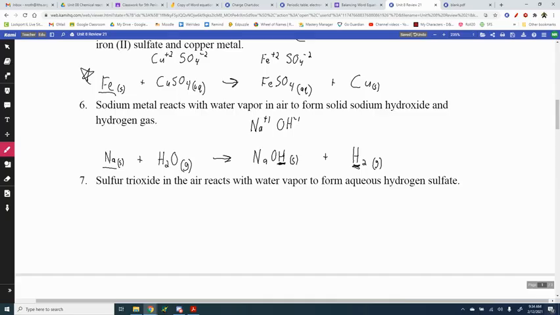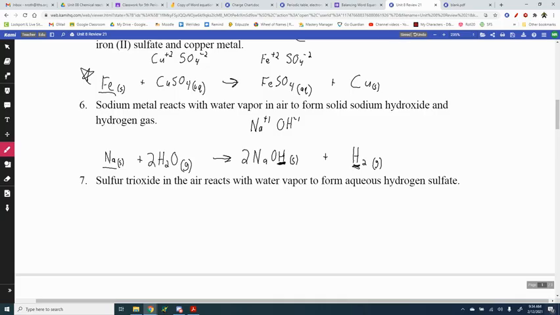Okay, so to get rid of an odd number, the easiest way to do that is to multiply it by 2. Okay, so I'm going to put a 2 right there. So that will now double our amount of Na's, O's, and it will double this H. So now we're going to have 4 total H's. So we got rid of our odd number of H's. Hooray! So we can now balance our H's. We can put a 2 there.